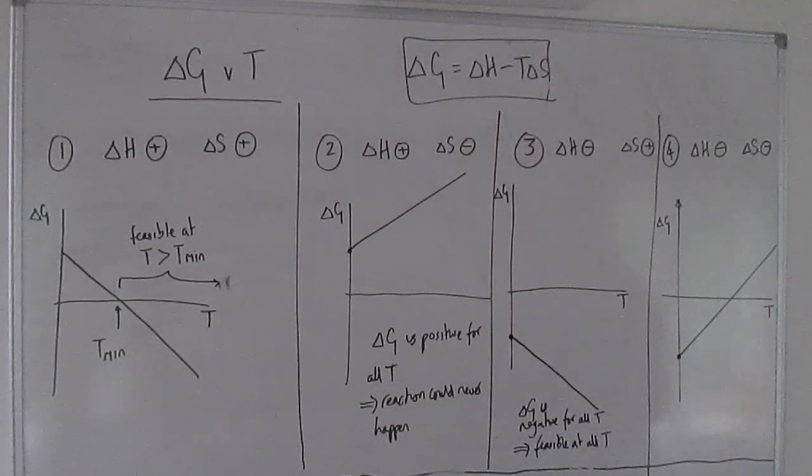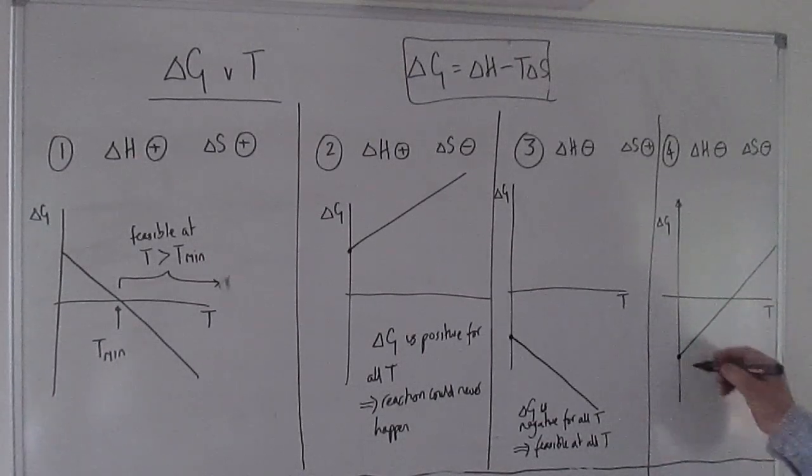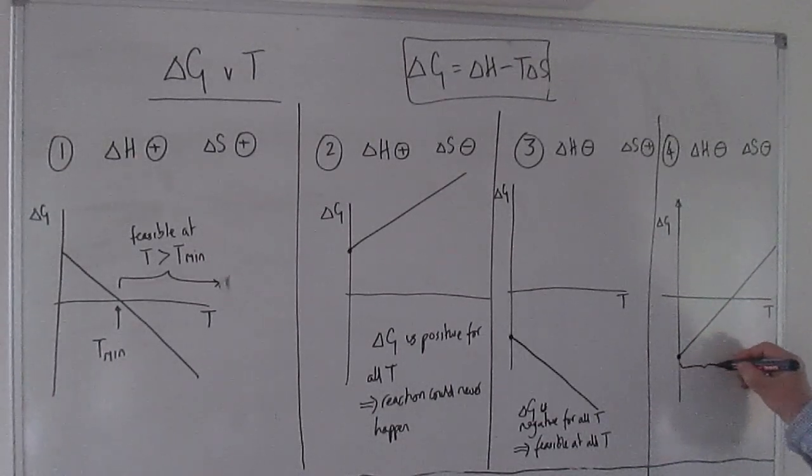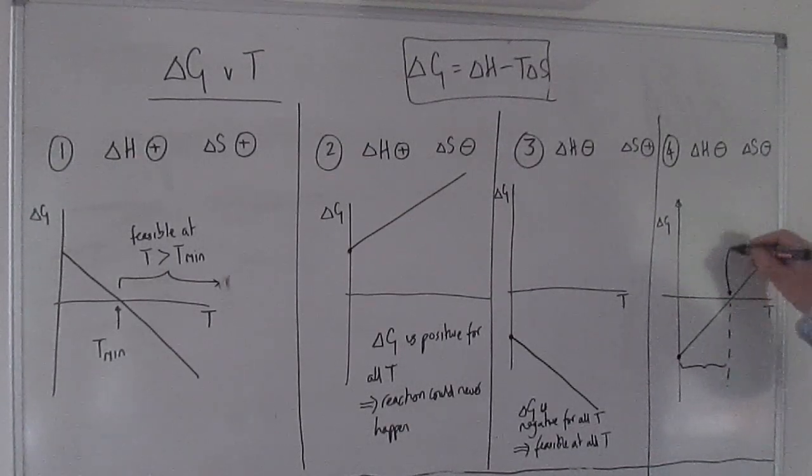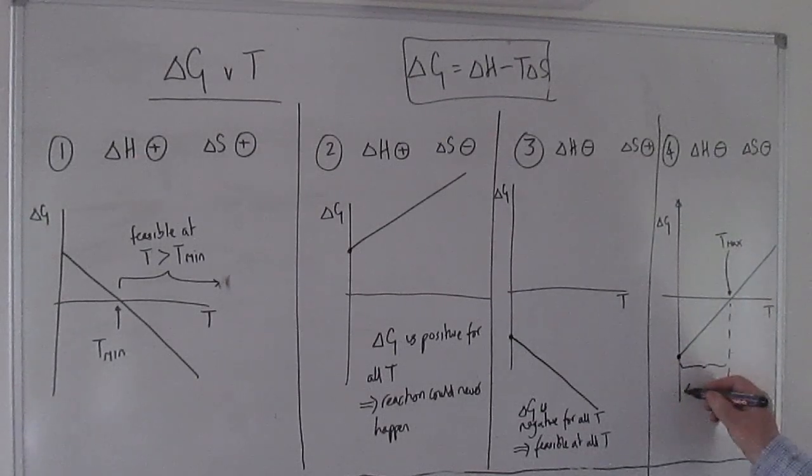So this time, again we have a critical temperature, but it's the other way around. We'll call this T max, because delta G is less than 0 if the temperature is below T max.